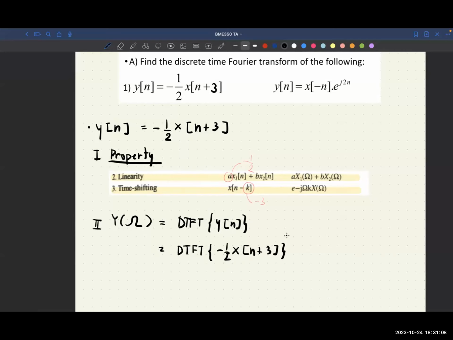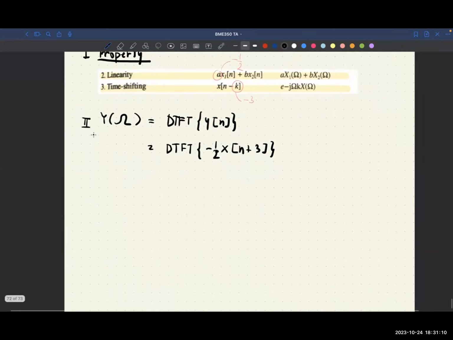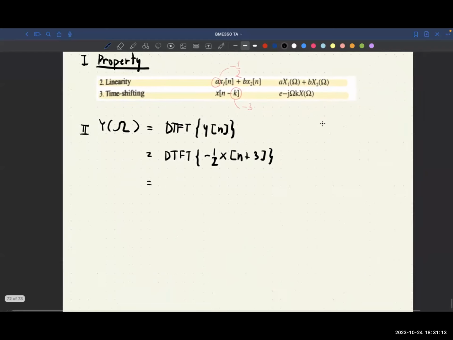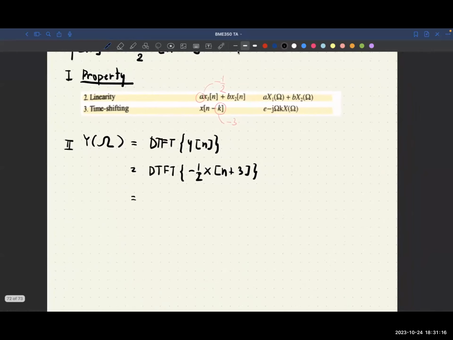And we have already identified the related properties here. Therefore, the signal that we should expect to see after this discrete time Fourier transform should look like this. It should be A X(omega) from linearity, and because of time shifting, it should be e to the power of -j omega k.